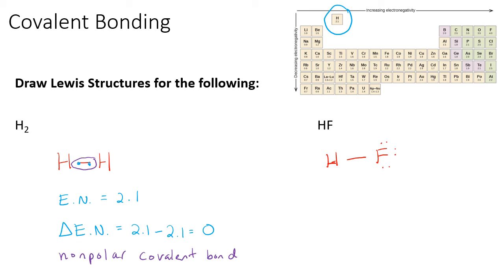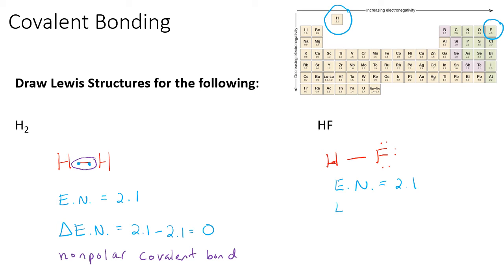As the difference in electronegativity grows, we start seeing something called polar covalent bonds, which is an example of what our HF is. So our electronegativity for hydrogen, we said, was 2.1. And fluorine is in the upper right corner. That's the most electronegative element on the table.